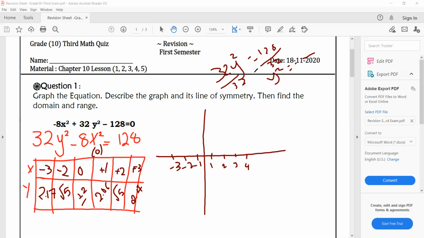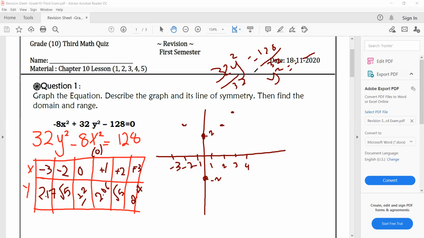Then at point 0, we have 2 and negative 2. At 2, we have square root of 5, which is greater than 2. At point 3, we have 2.07. At negative 2, we have square root of 5 also.